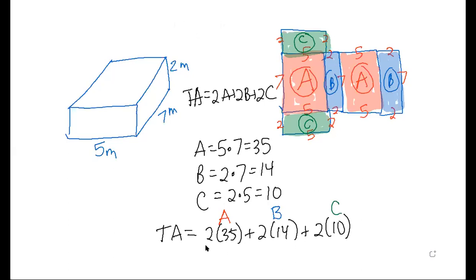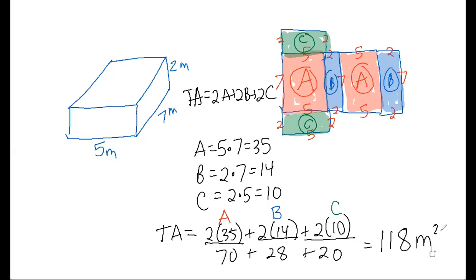Can you figure that out? 70 plus 28 plus 20. What's our grand total? 118 meters squared. We're dealing with meters in the second power. Okay?